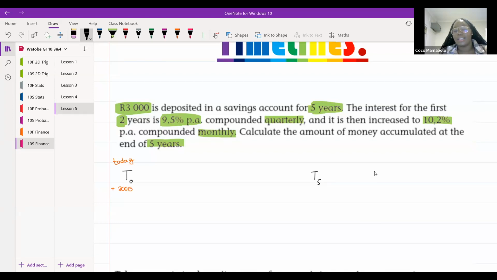But in between today and T5, something happens differently at T2. So this is our timeline that we've just so beautifully drawn. We know that for the first 2 years, what is my interest rate, guys?